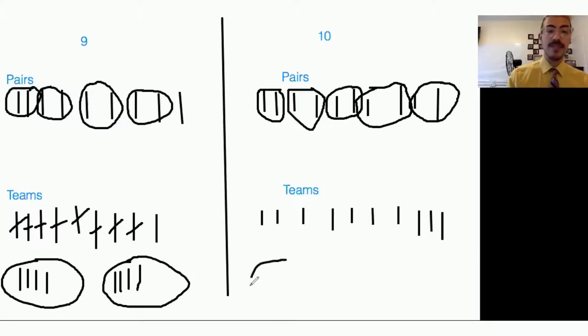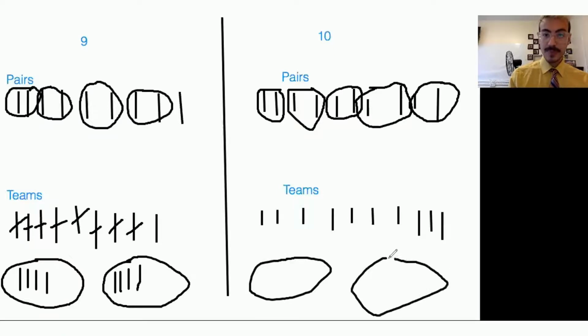Once again, I'm going to draw my 2 teams. And now I'm going to put the people into each team. Slow process. We'll work on some advanced tricks later on.